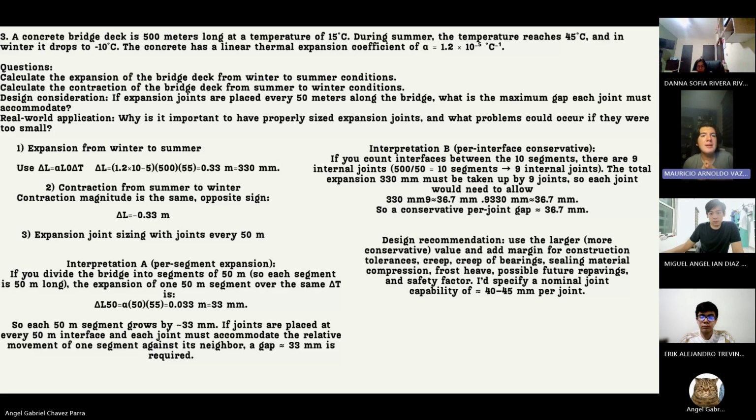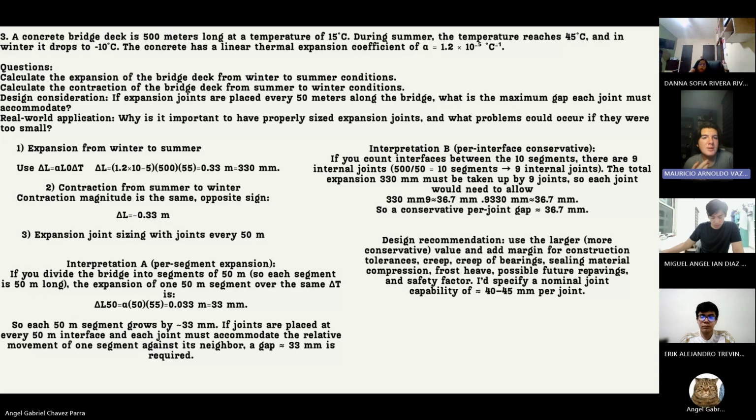So a conservative per joint gap is about 0.043 meters. Testing recommendations. Use the more conservative value and add margins for construction tolerance, creep, bearing swelling, material compression, frost heave, possible future repairs, and safety factors.